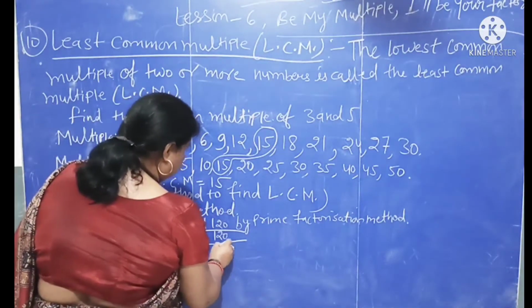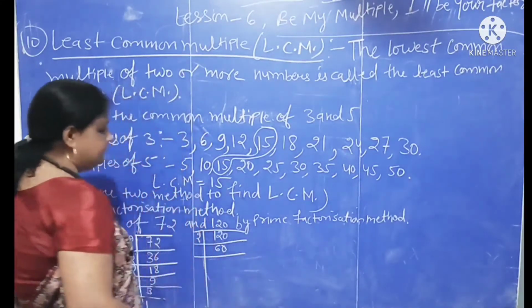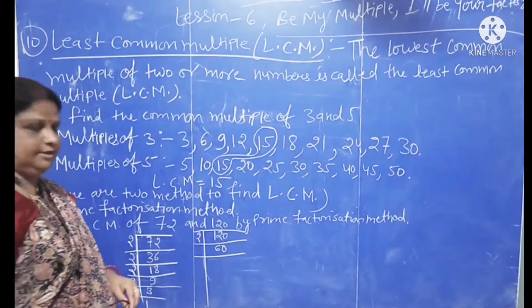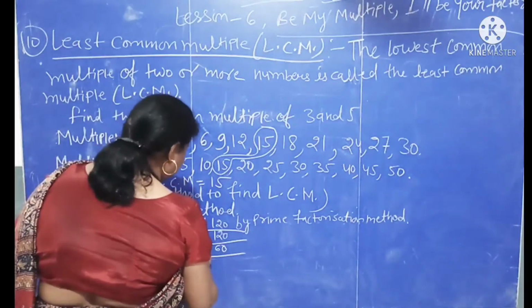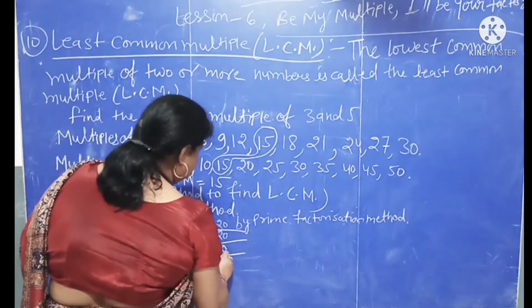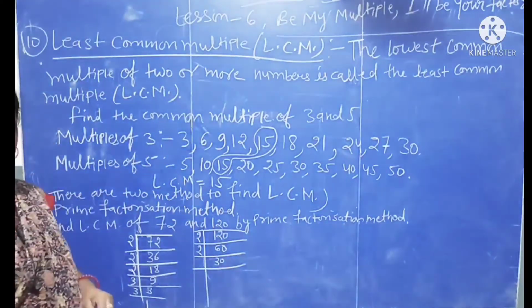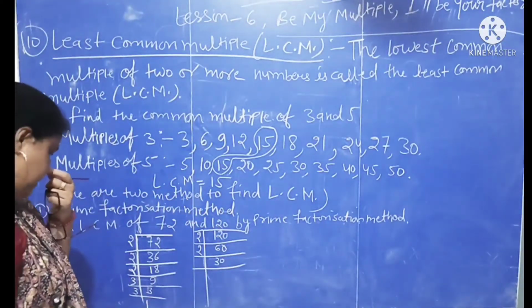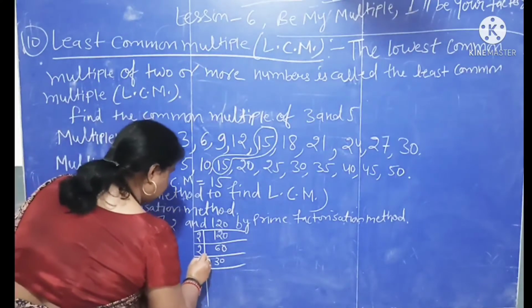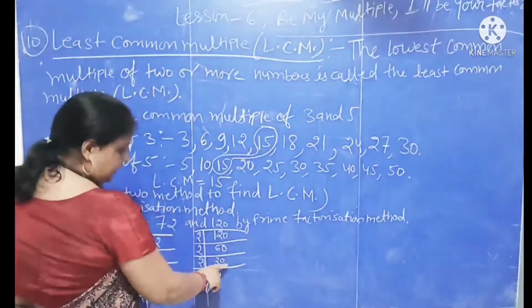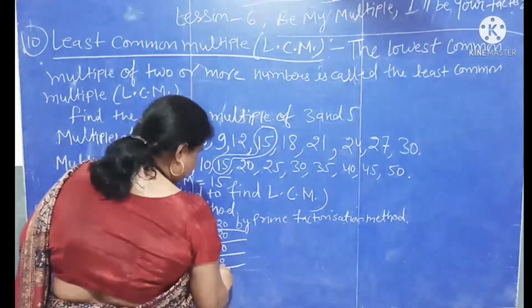It is 0. 60 is also divisible by 2. So, we take 2 again as a divisor. So, here is 2, 2 times 3 is 6 and here is 0. 30 is also divisible by 2. So, we take 2 again as a divisor. 2 times 1 is 2, remaining 1, here will be 10, 2 times 5 is 10.